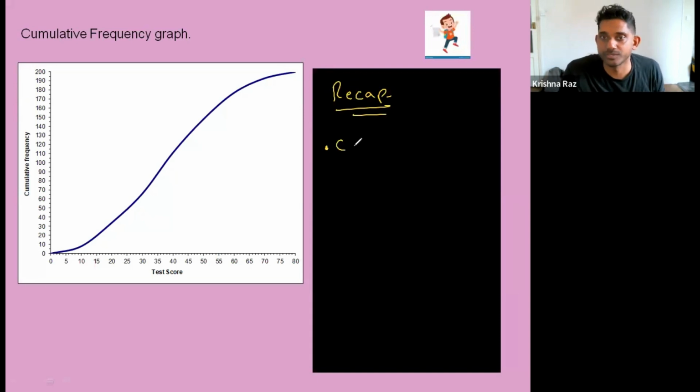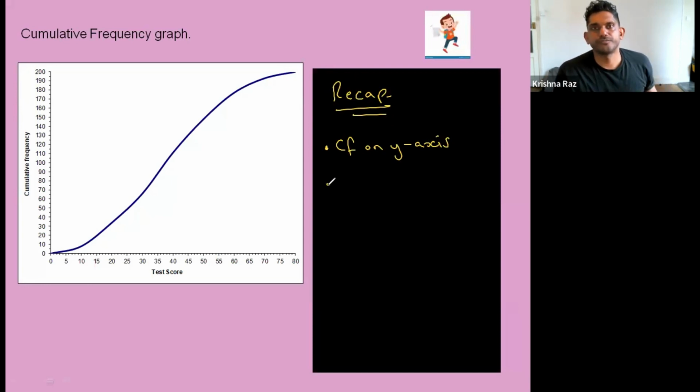Exactly, cumulative frequency. Which values on the intervals do we use to plot the graph? Exactly, the upper boundary values.